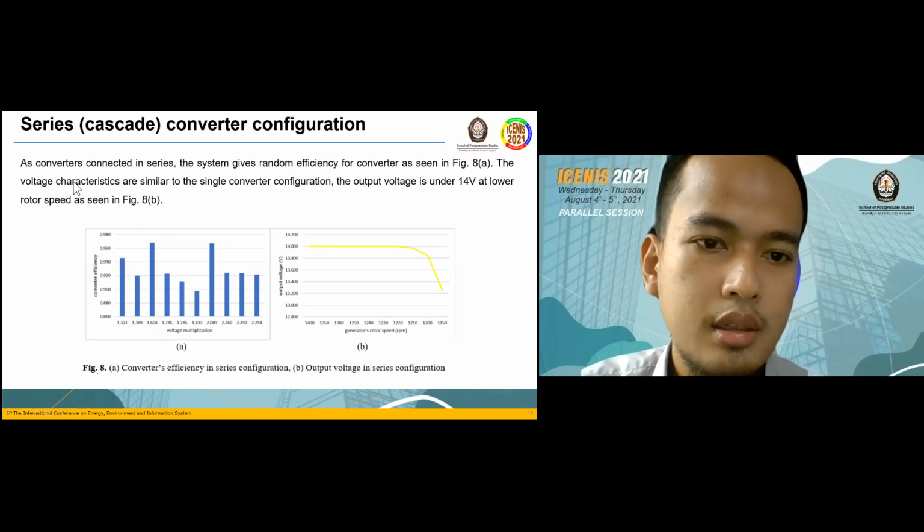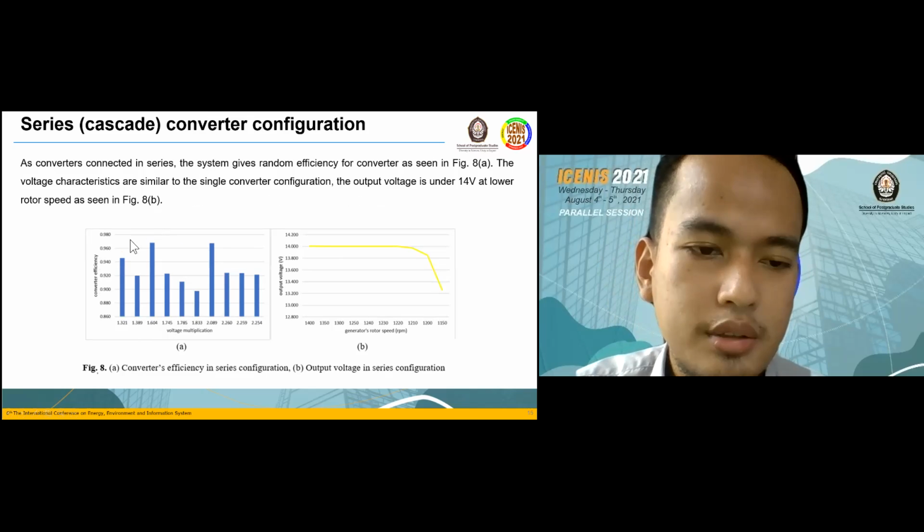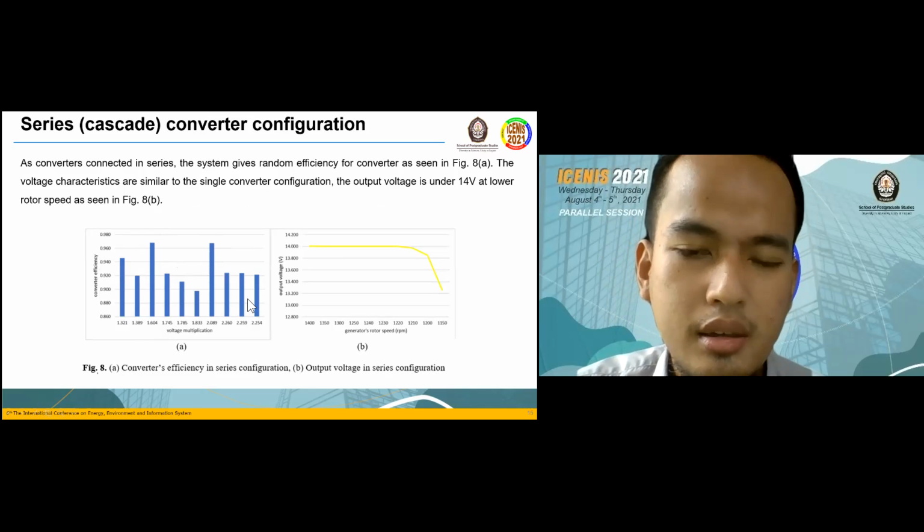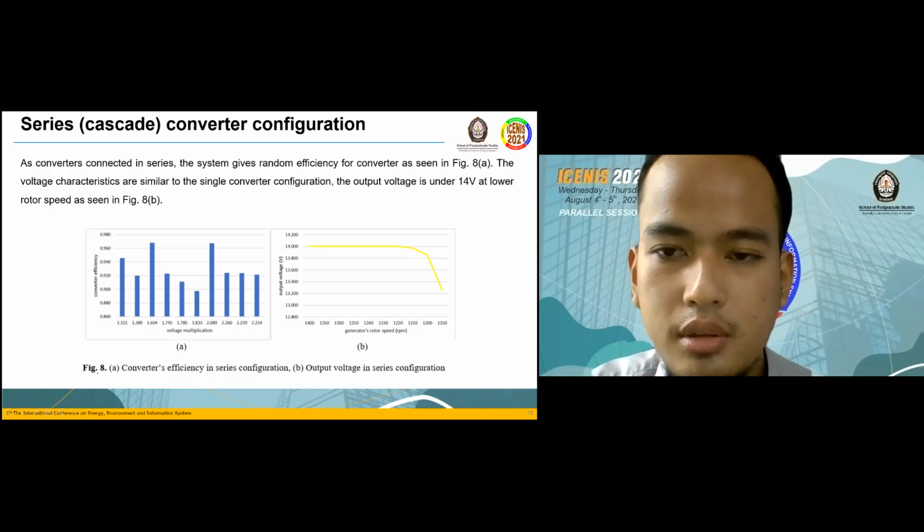Then we simulate a series or cascade converter configuration. The system gives random efficiency, and the output voltage is similar to the single converter configuration.